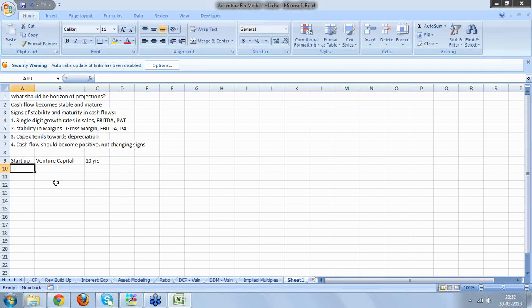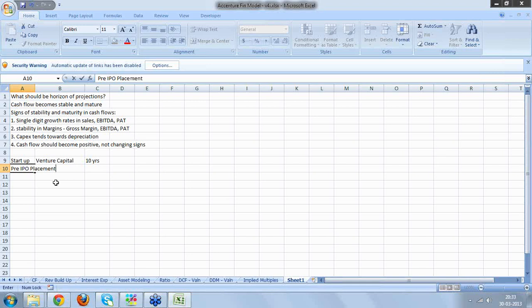Now the company has moved beyond the startup phase. The concept has been tested, people have liked it, there is enough evidence that once launched in the market, people will like that product or service. However, you need money to commercialize your product. So you move to a pre-IPO placement kind of thing.